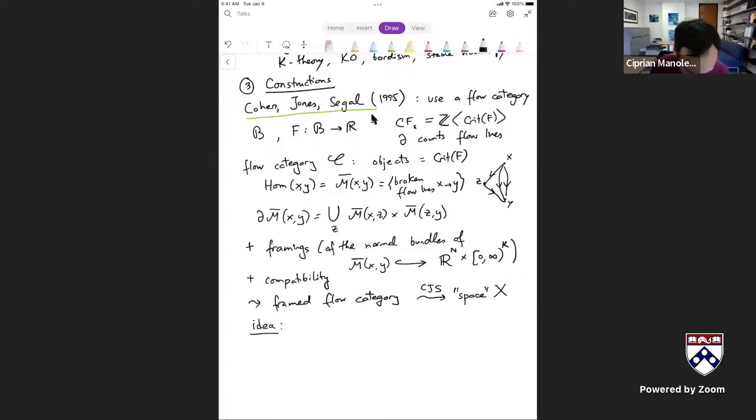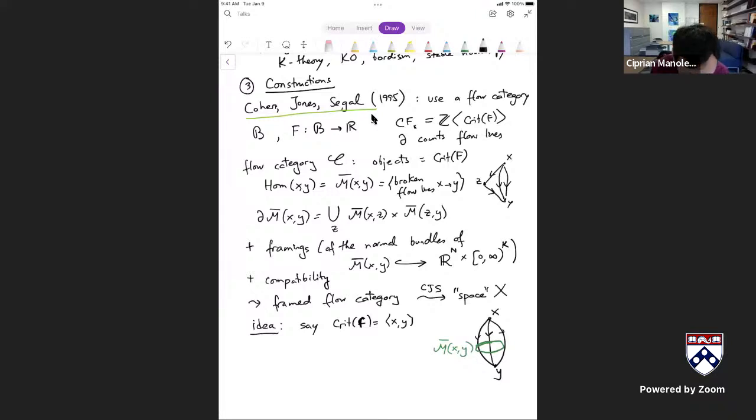And this is simpler to explain when we have just two critical points. So let's say that the critical set is just 2 points, X and Y, and we're looking at flow lines between them. There's a manifold of flow lines.